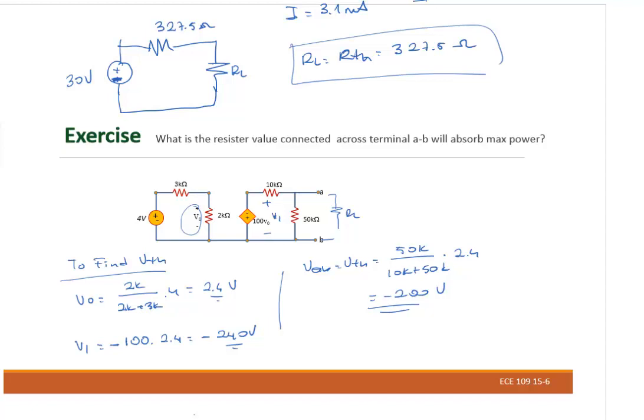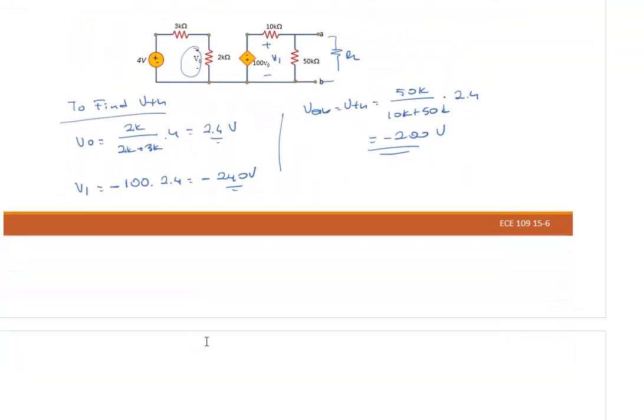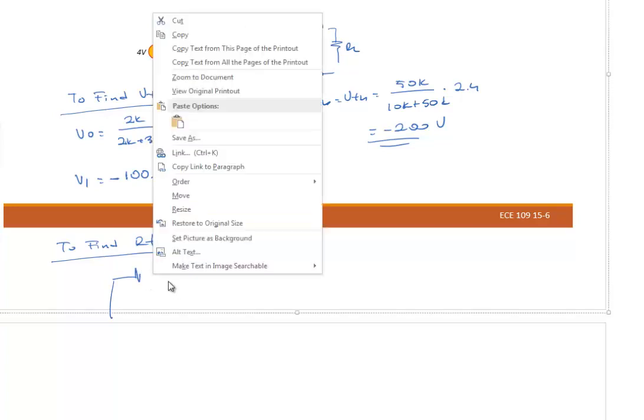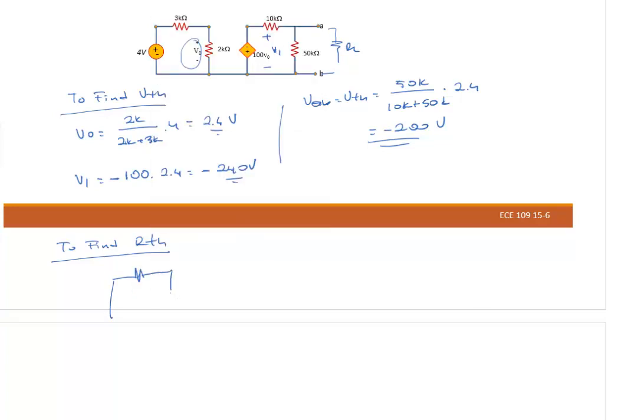Okay, how are we going to find the RTH? Again, in this case, what do we have? We have a dependent source. So to find RTH, we're going to make a short circuit right there. We're going to have this resistor and this resistor right there.